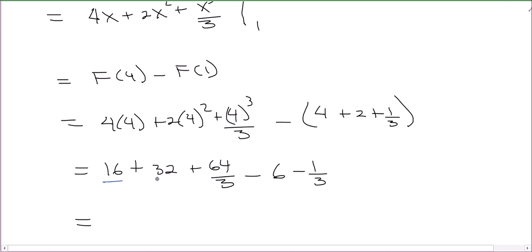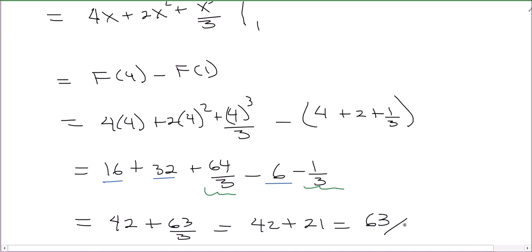So 16 plus 32 is 48, minus 6, that's 42. So I'm going to have 42 plus 64 thirds minus 1/3 gives you 63 thirds, which is 21. So you really have 42 plus 21, which is 63.